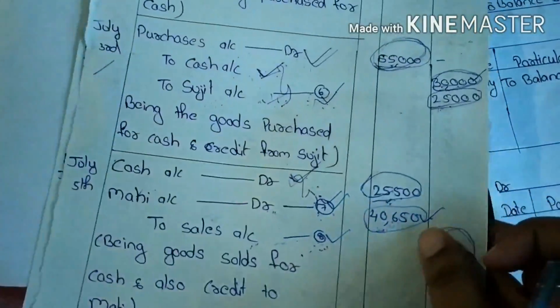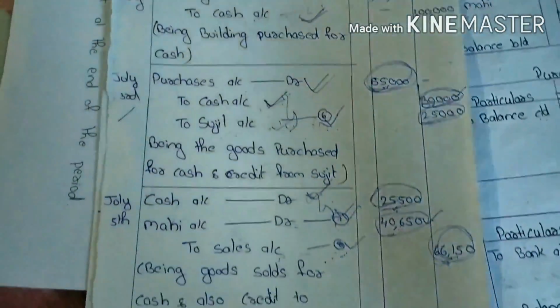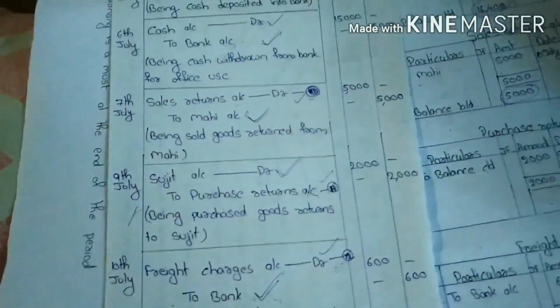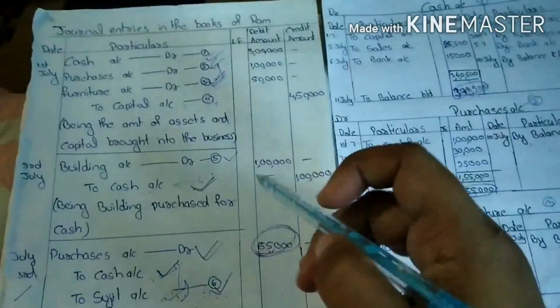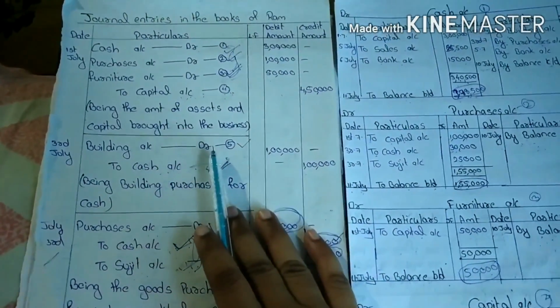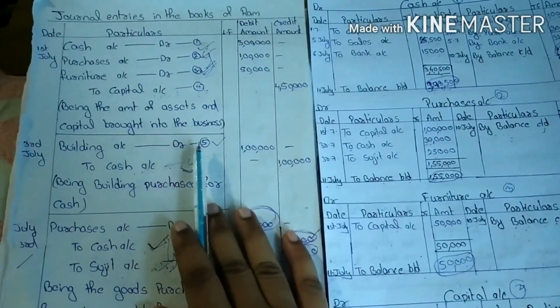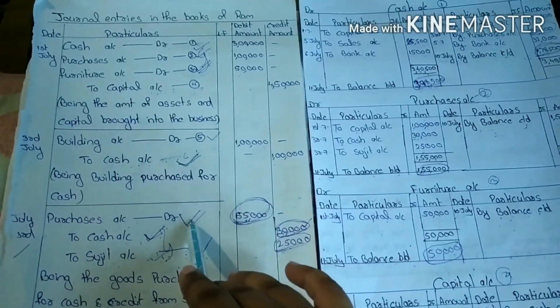So see, these are the 9 entries. Okay. So for these 9 entries, we have to open 12 accounts in ledger because there are 12 different elements in these journal entries.